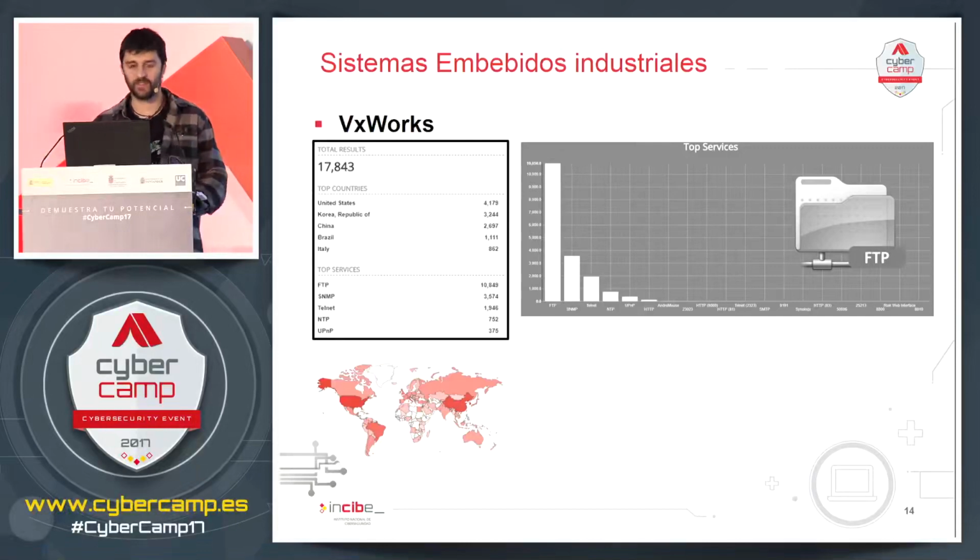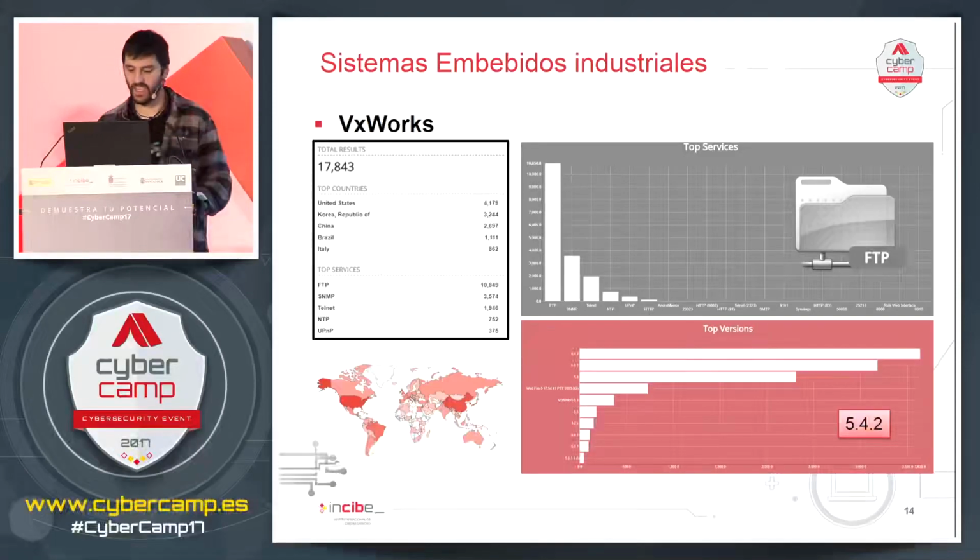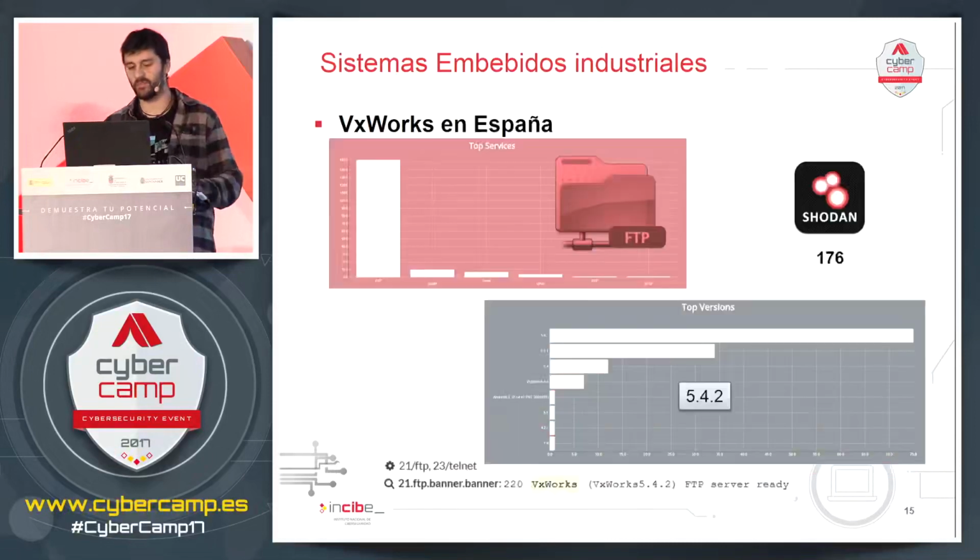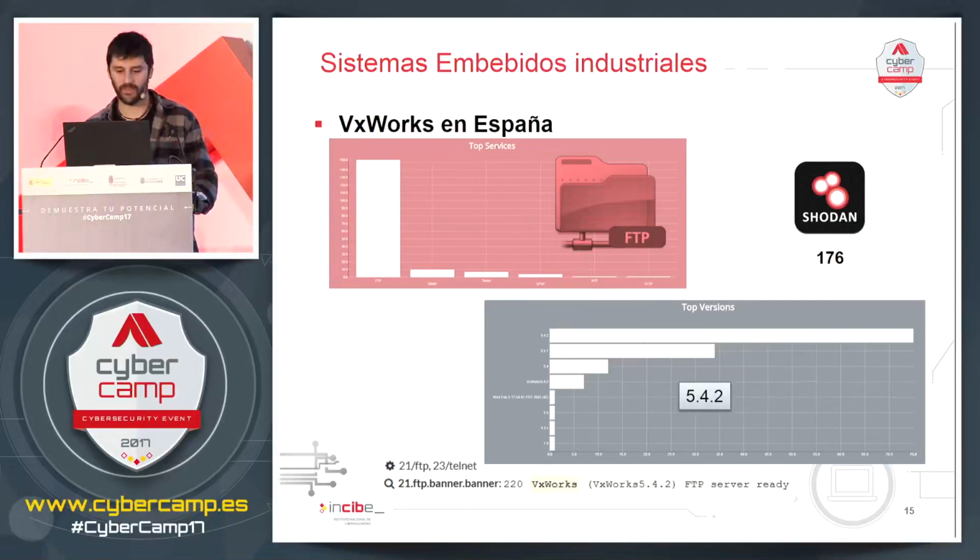So service denial is one of the vulnerabilities of VxWorks, and one of the more extended versions is this one. Here we see the different versions. VxWorks in Spain, same thing basically, and there's 176 searches.